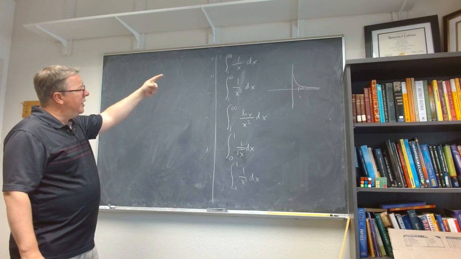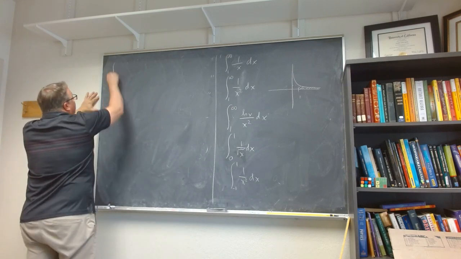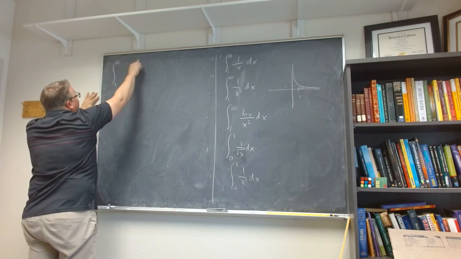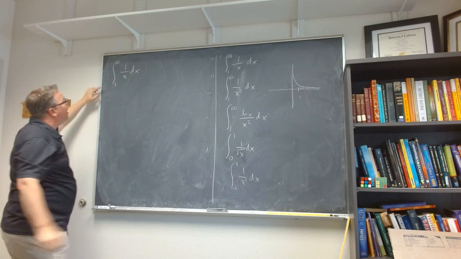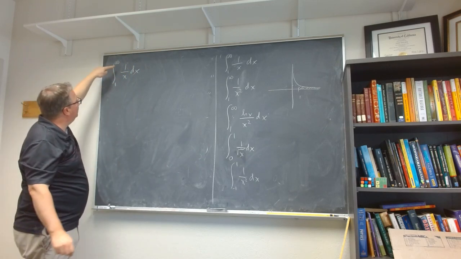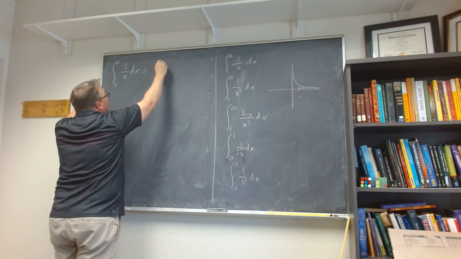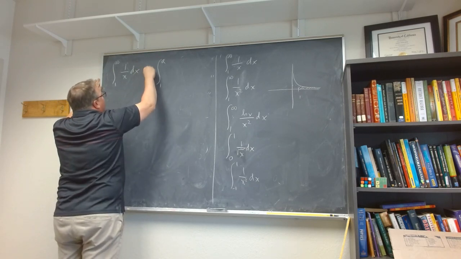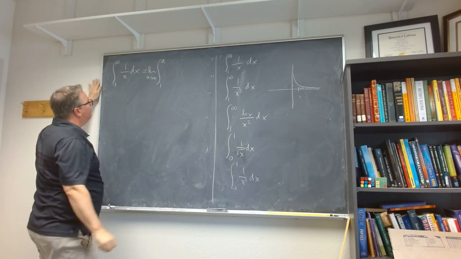In general, if one of your bounds is infinite, the first step is just going to be to replace that infinite bound with a limit statement. So instead of worrying about what 1 over x does from 1 to infinity, we're just going to integrate from 1 to, say, a, and then we'll let the limit happen when a itself approaches infinity.